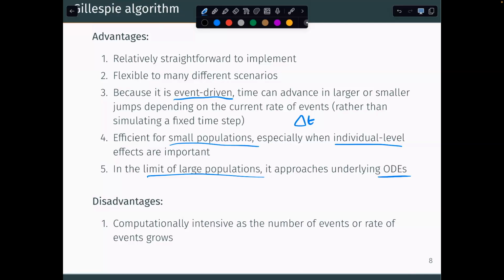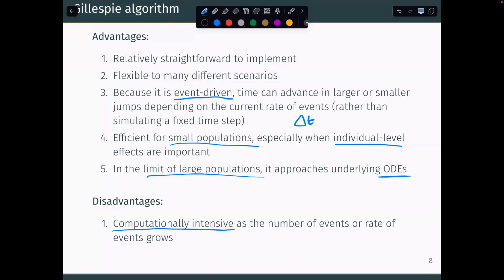One of the big drawbacks, though, is it is computationally intensive. So it's good for small populations, but as your population size or your rates grow, usually those two things will go together, the number of events that occur in the next time unit increases, or rather your time to your next event is going to get very, very small.